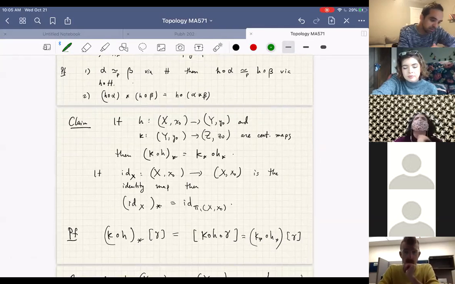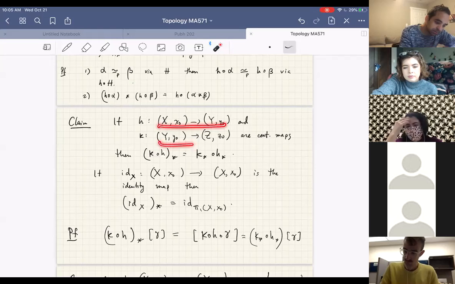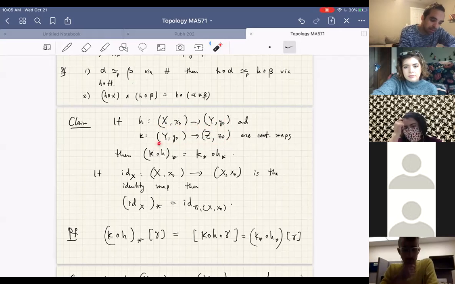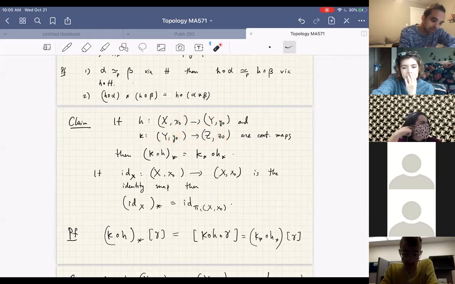Okay, so this claim says that if you have two composable maps between spaces, namely a map from X to Y, between pointed spaces, and a map from Y to Z, which is pointed, namely it takes the base point to the base point and that base point to the other base point, right?